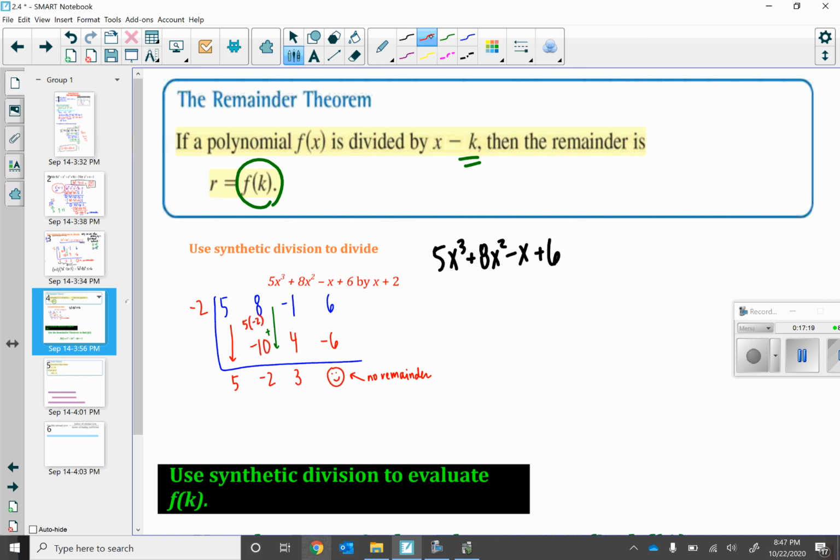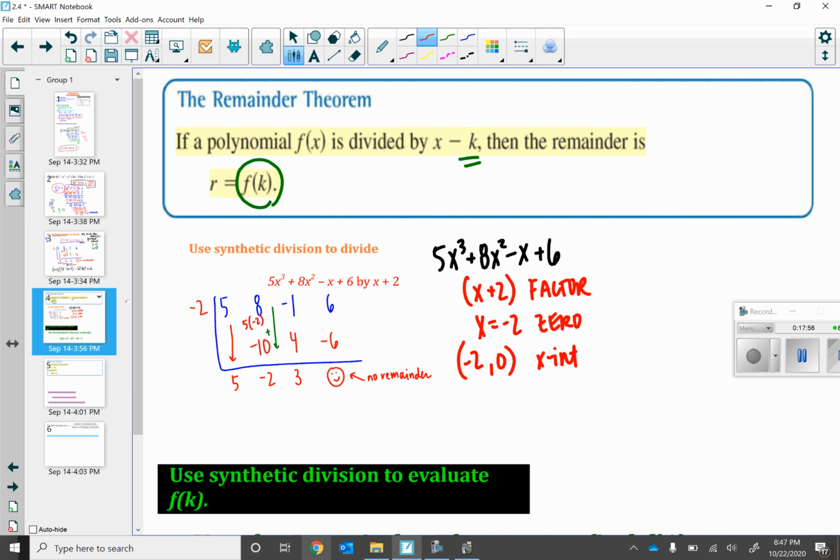Okay, here's our function. 5x cubed plus 8x squared minus x plus 6. When we divided by x plus 2, we saw it was a factor. How do we know it's a factor? Well, we know it's a factor because it didn't have a remainder. It divided out perfectly. x equals negative 2 was the 0, which meant also it is an x-intercept, negative 2 comma 0.